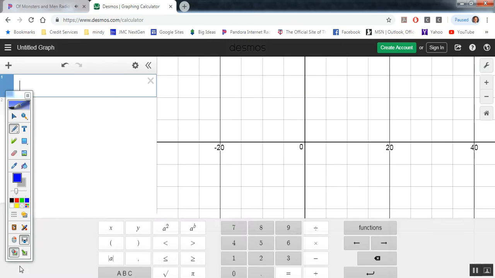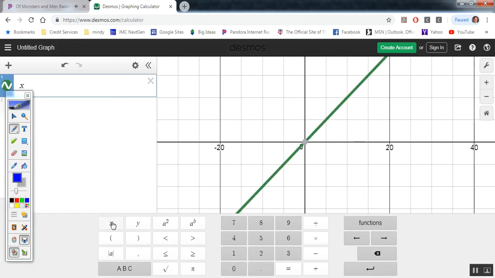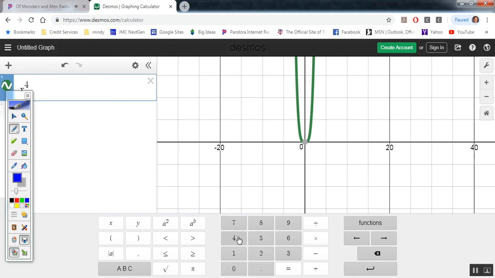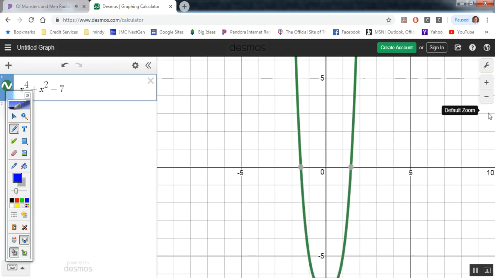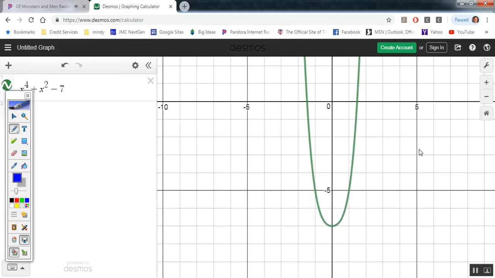X to the 4th plus x squared minus stuff. Does that look like it's symmetric about the y-axis? In other words, would the left half fold over on the right half at the y-axis? Yeah. So pretty good indication graphically that this is definitely going to be even.